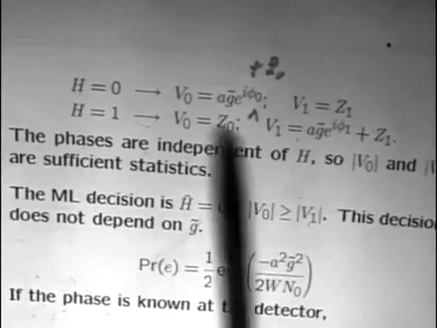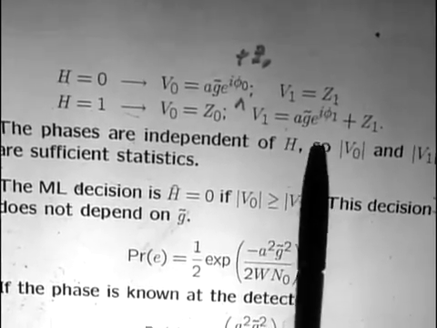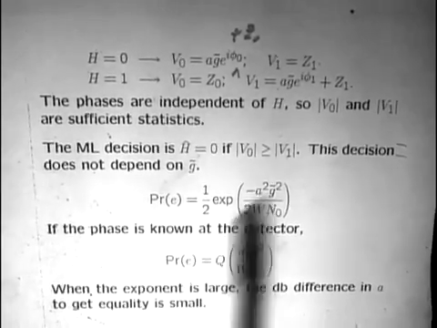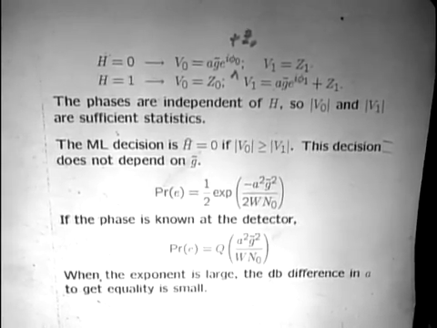And on the other hypothesis, V1 is this input with a random phase but a known magnitude, plus a Gaussian random variable.